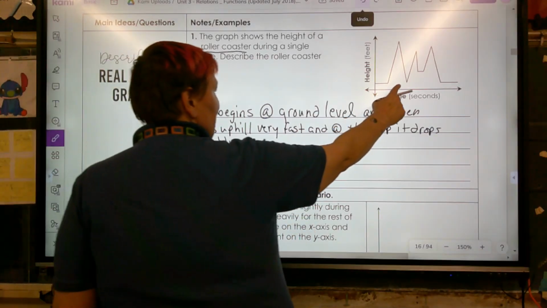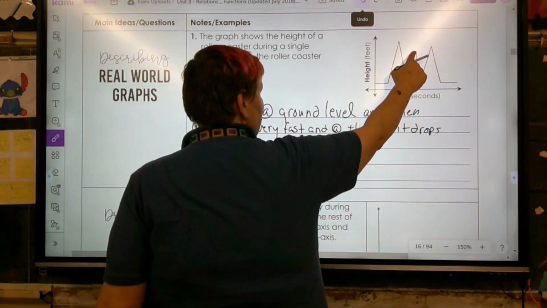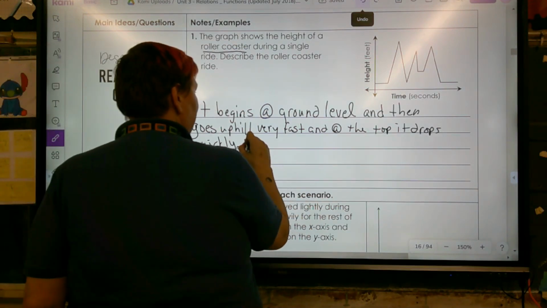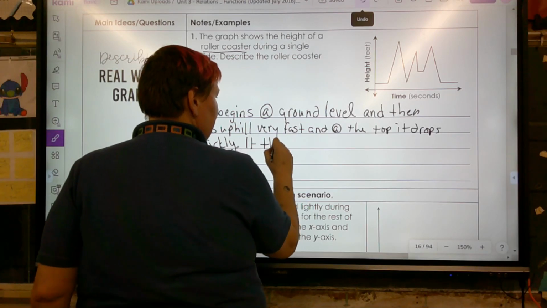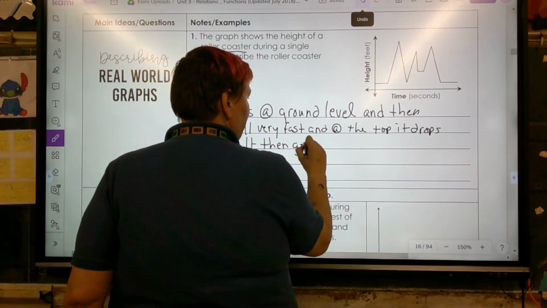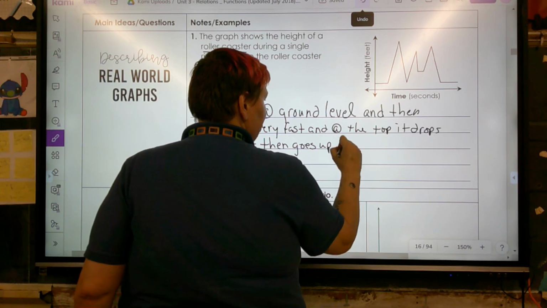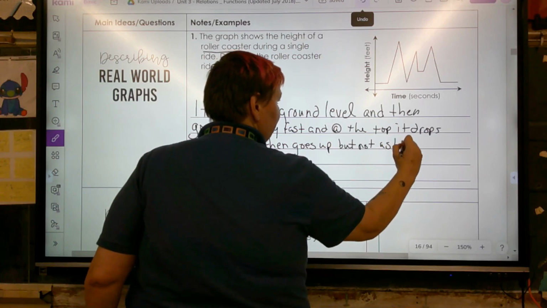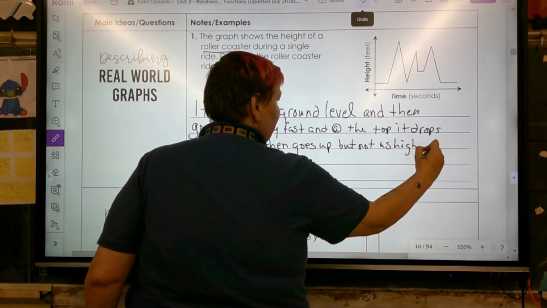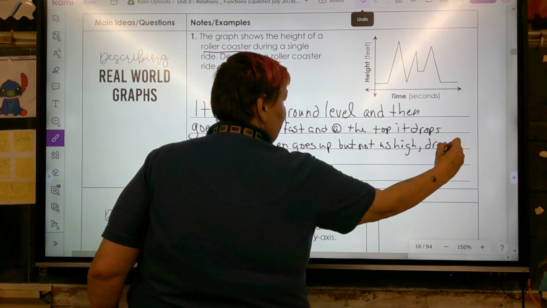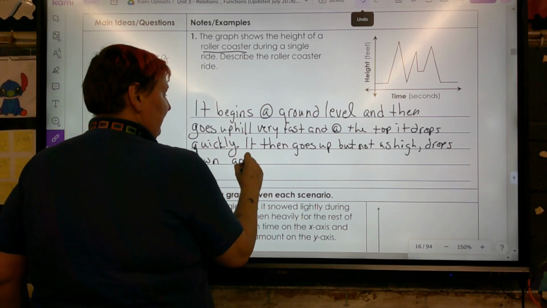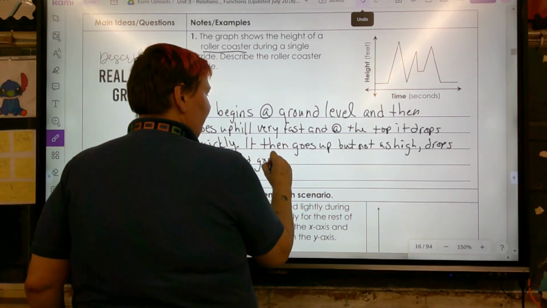And then I could say it increases but not as high. It doesn't go as high. It then increases, goes back up, but not as high. Drops down and goes level for a few seconds.